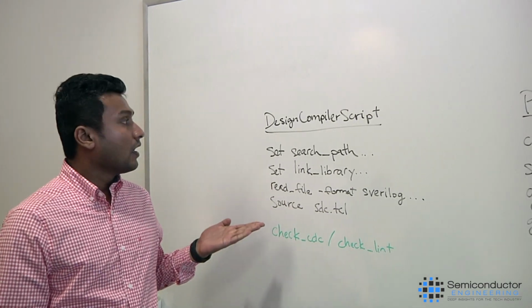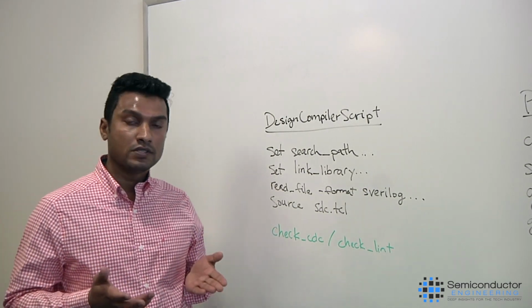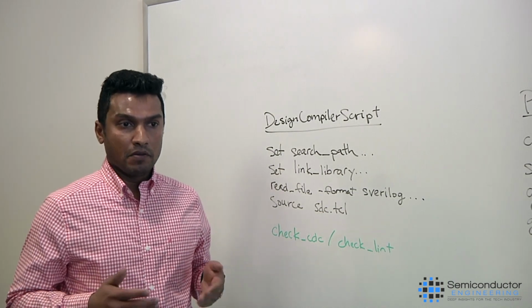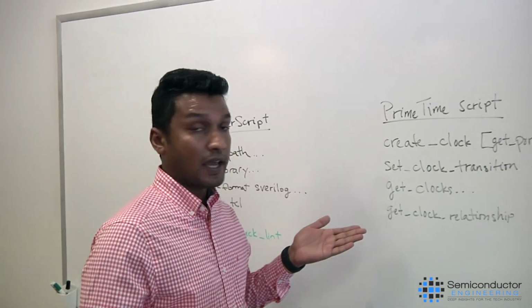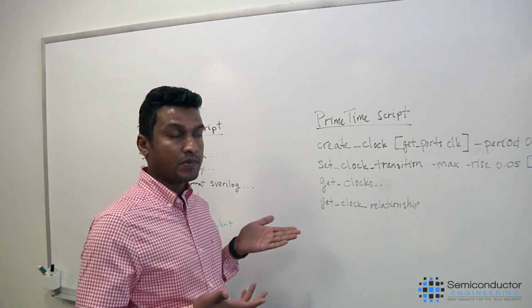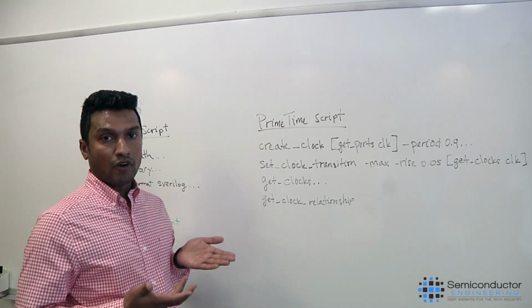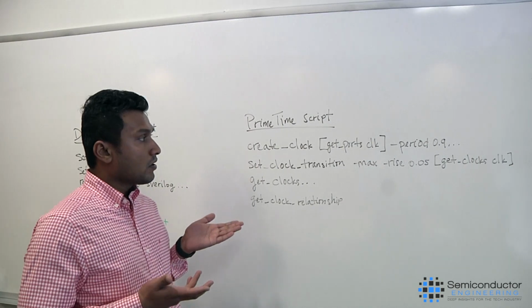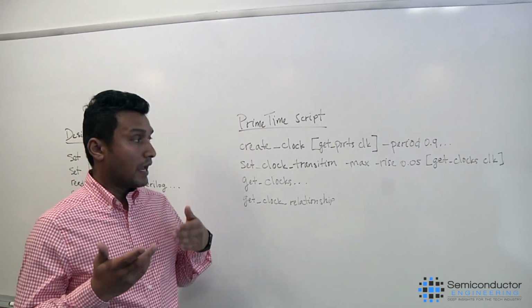Yeah, so in a Design Compiler script as well as a PrimeTime script, you will be using a lot of SDC files. Some SDC files may be much more complex. So we are going to talk about some SDC commands that we have in PrimeTime. So you will have typical commands like create_clock and set_clock_transition. In the create_clock command, you can define the clock using get_ports.